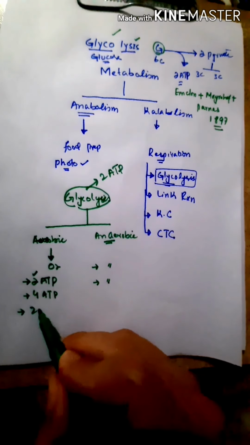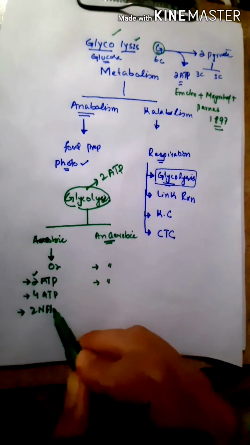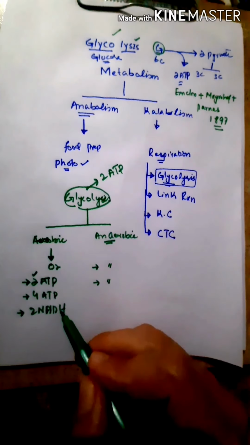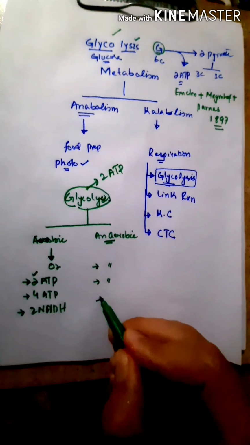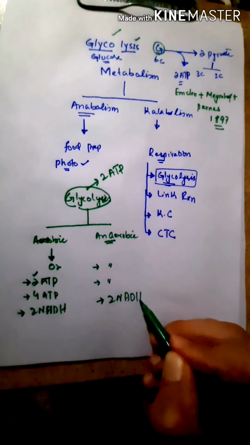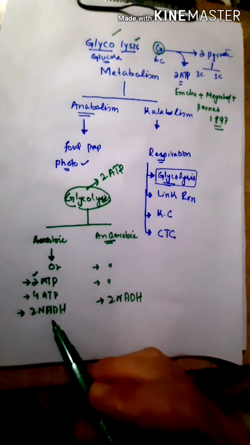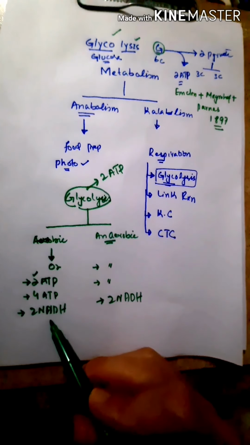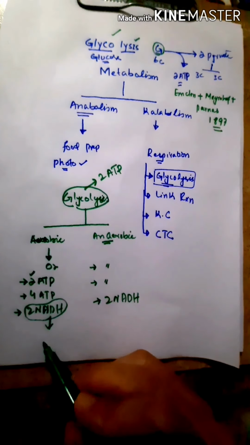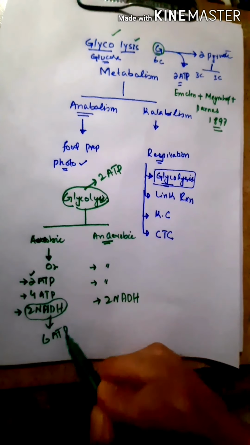In aerobic glycolysis, 2 NADH are produced, which are coenzymes that carry hydrogen to the electron transport chain. In anaerobic glycolysis also, 2 NADH are produced. But it should be noted that in aerobic glycolysis, these 2 NADH give 6 ATPs in the electron transport chain.